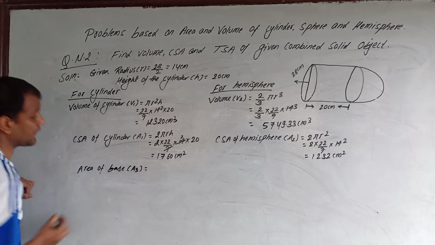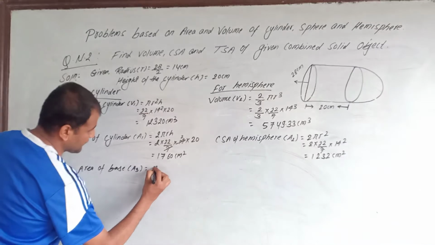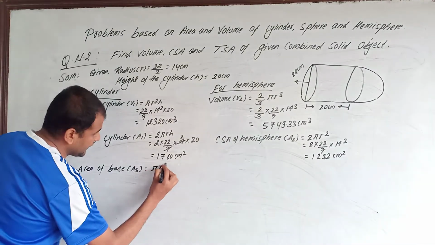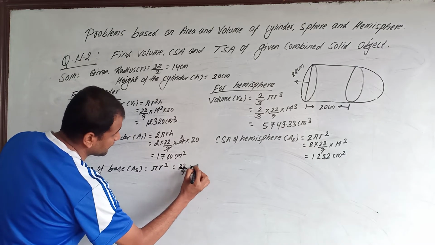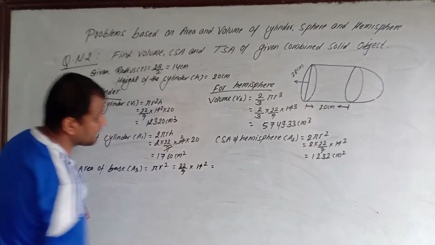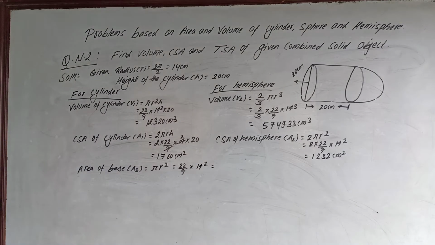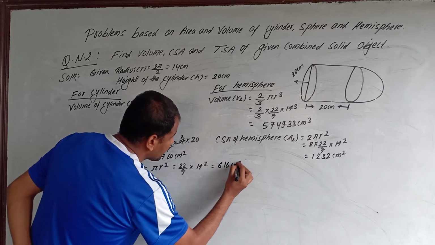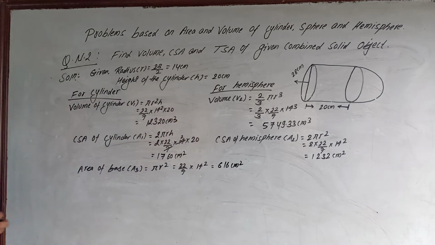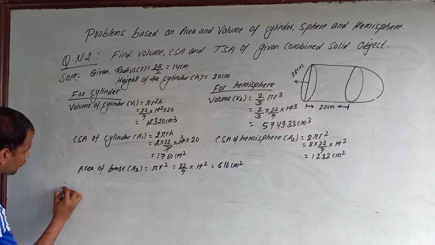A3 is equal to, the base is circular here, so pi r square, that is 22 by 7 into r, means 14 to the square, that is equal to 616 centimeter square.